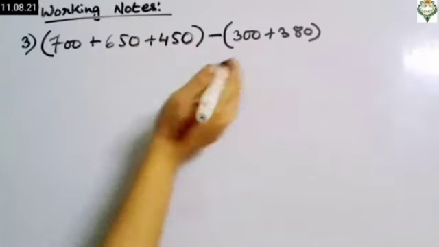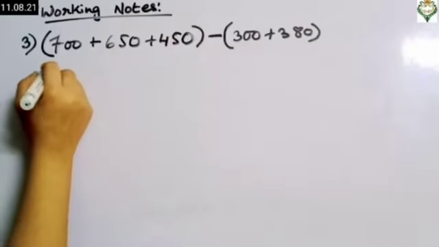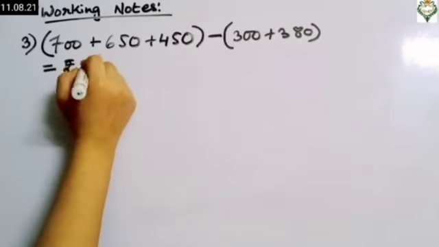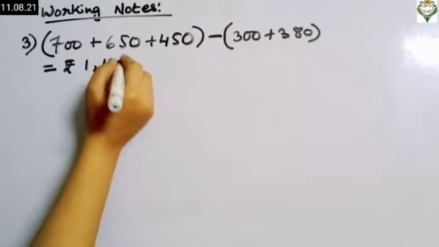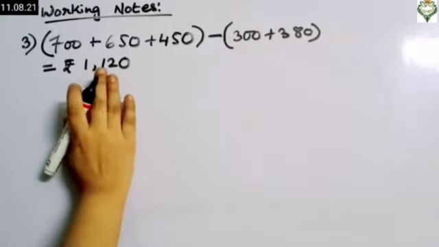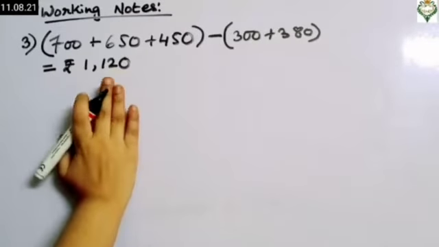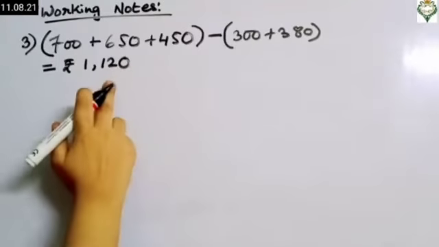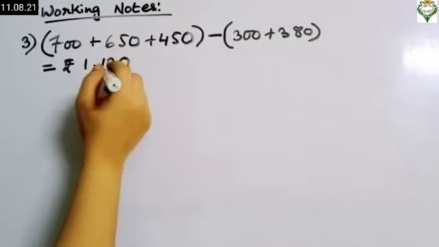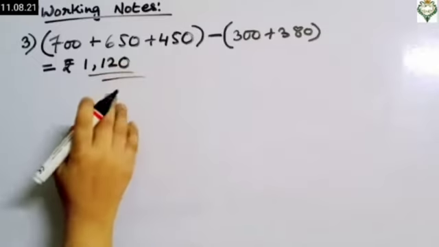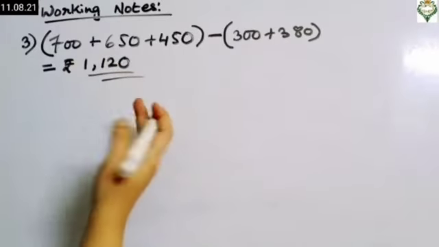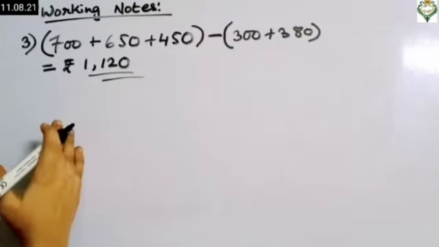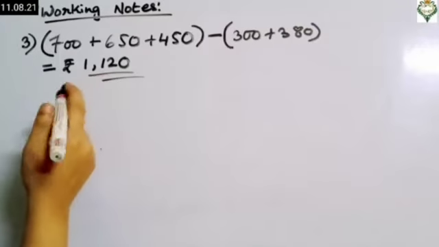So after doing the calculation, we will get rupees 1120. This is our total cash, the cash in hand on 29th March before depositing into the bank. So before depositing we have this amount. Now we have to deposit, but we have to keep 400. Except 400 we have to deposit the rest.